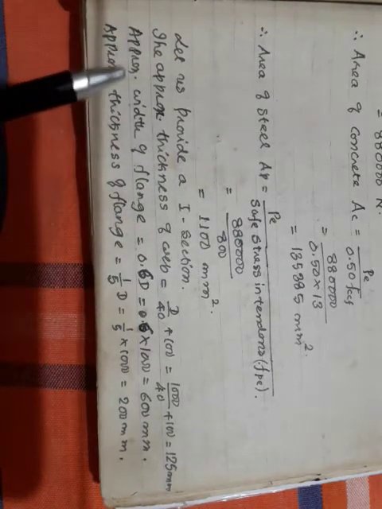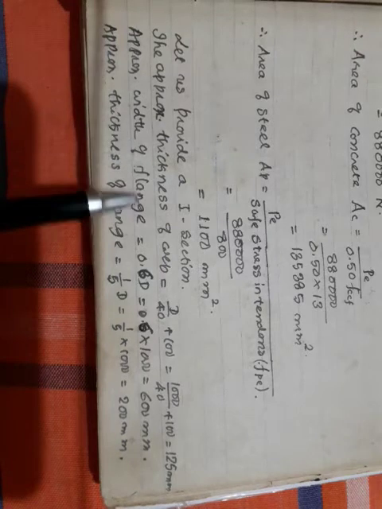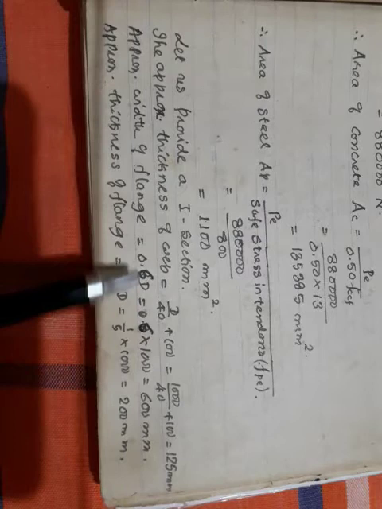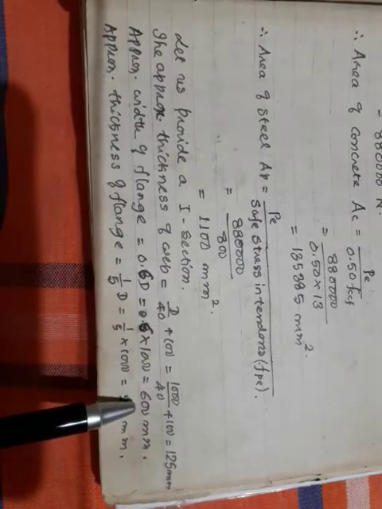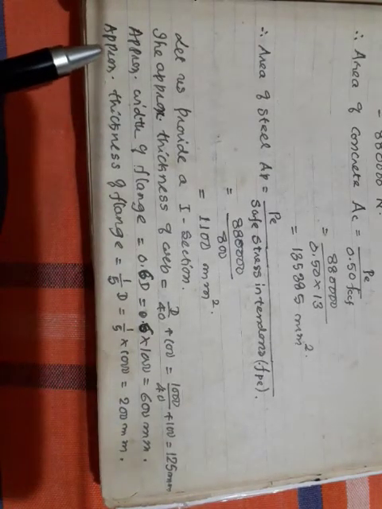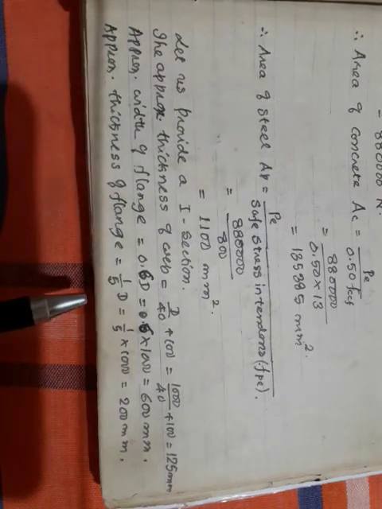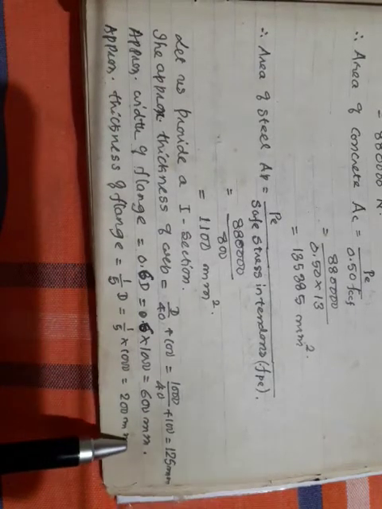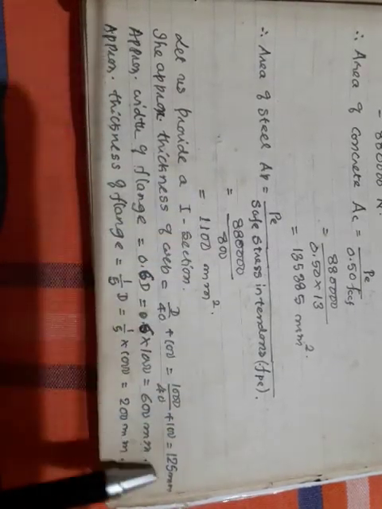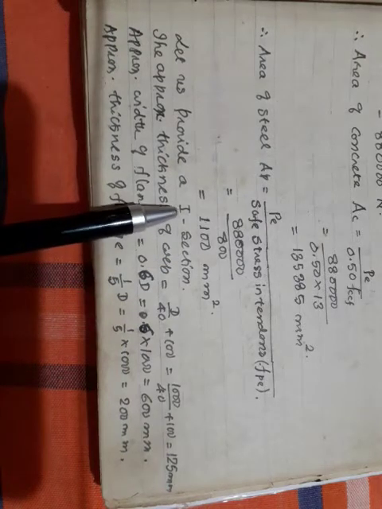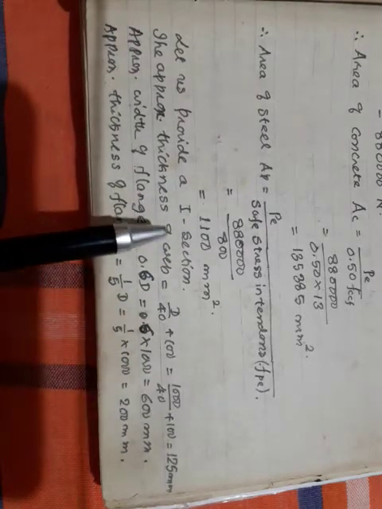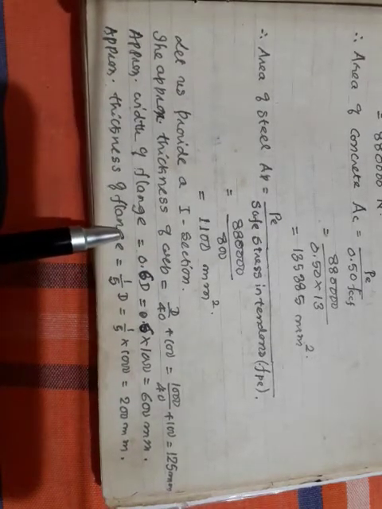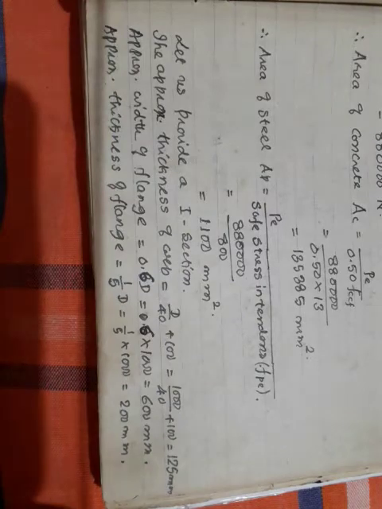Similarly, the width of the flange by thumb rule is 0.6d, so 0.6 into 1000 gives 600. The approximate thickness of the flange is 1/5 of d, so 1/5 of 1000 is 200 mm. Using these thumb rules, you can fix the dimensions of this I section and easily draw the cross section.